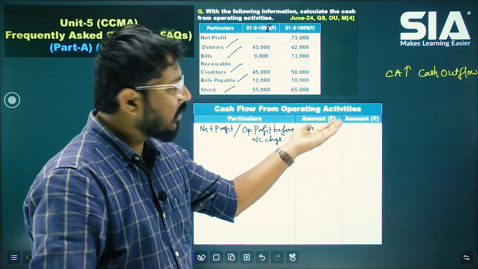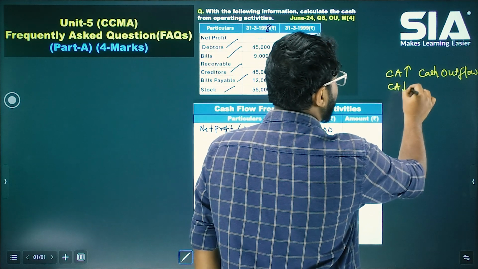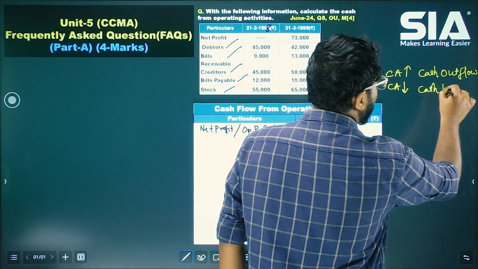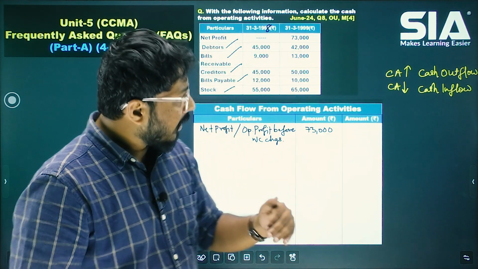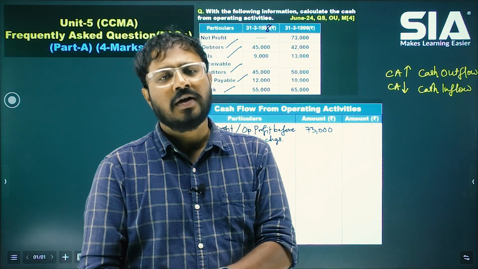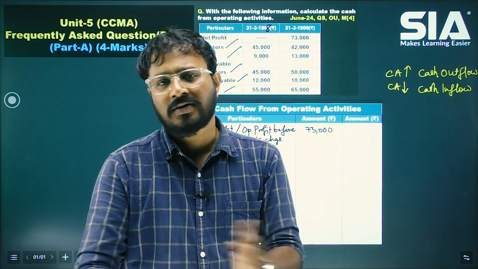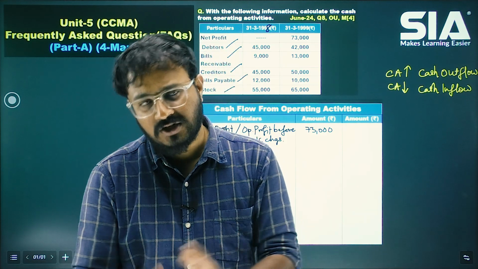That's how it results in cash outflow. Similarly, when current assets decrease, it results in cash inflow. For example, the same stock, if it is decreasing from the previous year, it is because we are selling it, and when we sell, we receive cash. So it is considered cash inflow.